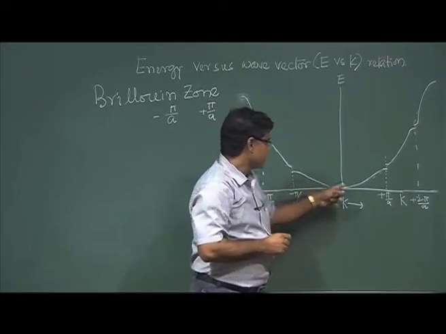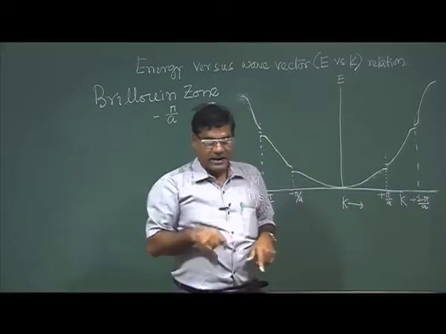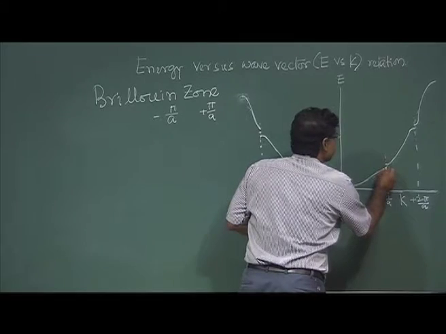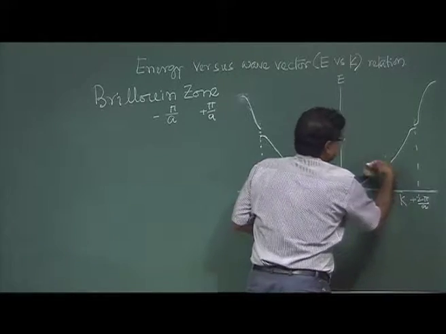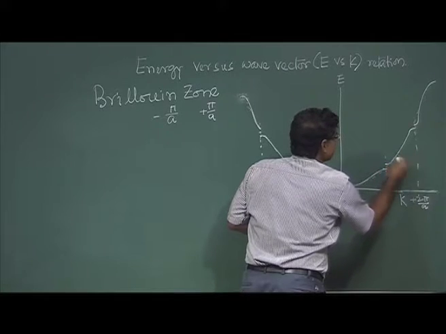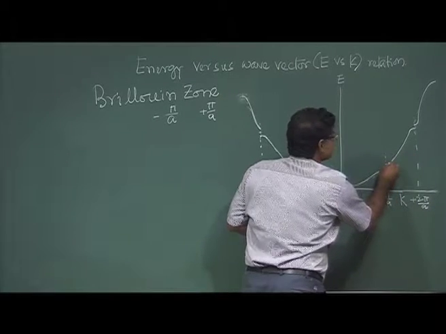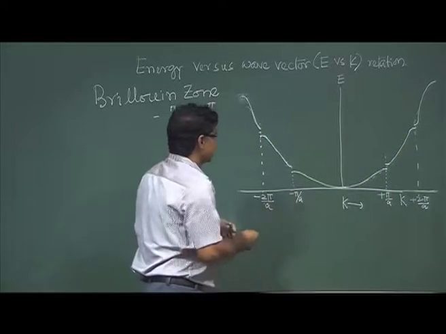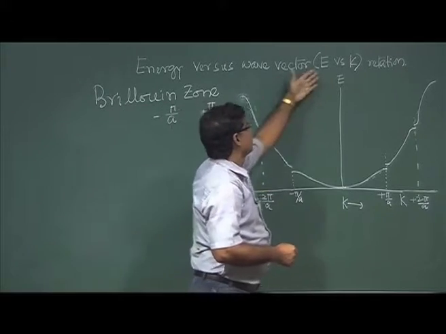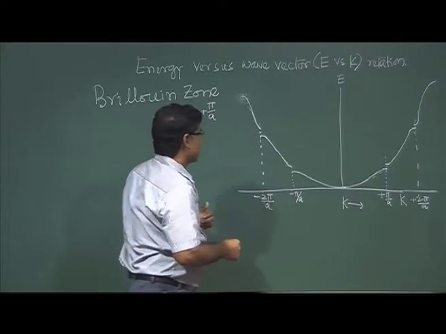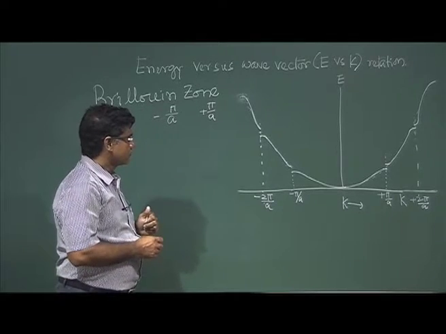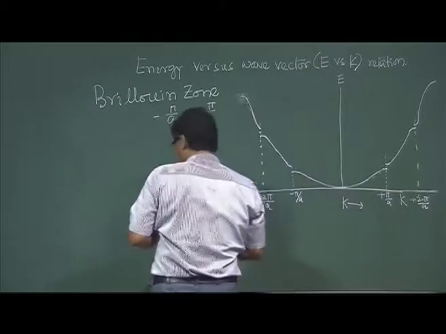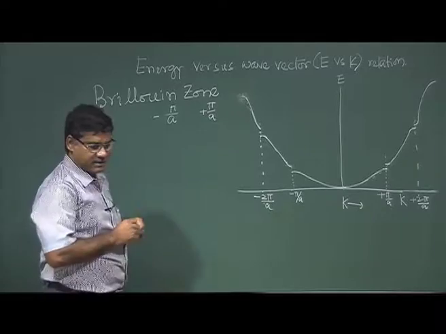Okay. Means here the gradient is 0, right, here the gradient is 0, right. Similarly, for the second zone, the start is flat and the end is flat. Okay. So, that is the characteristic of this E versus k curve, and that is an important observation, because this will be very useful for our different studies.